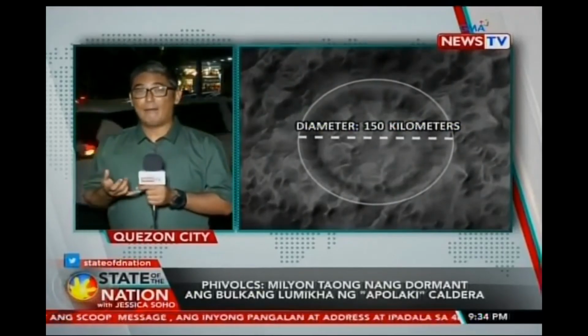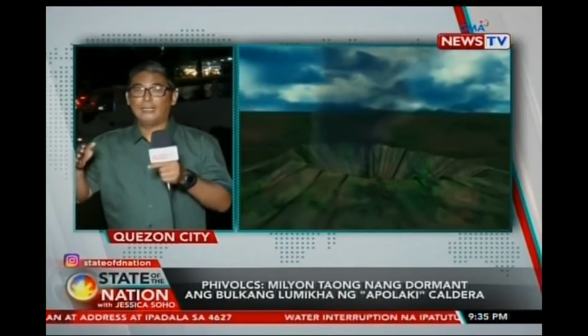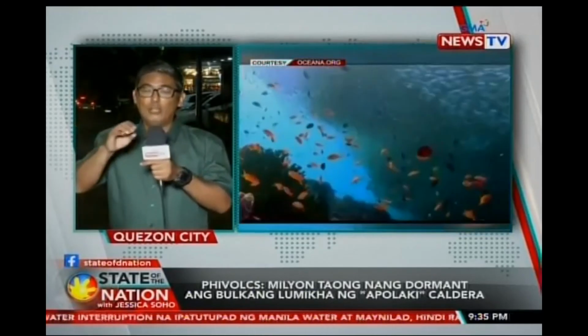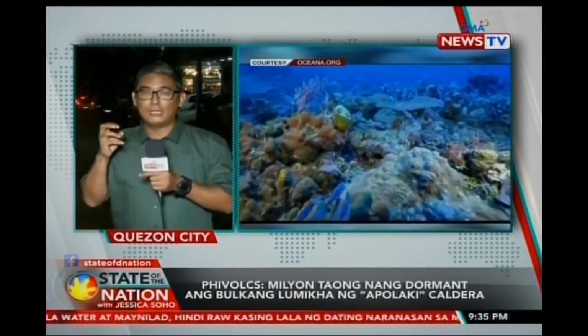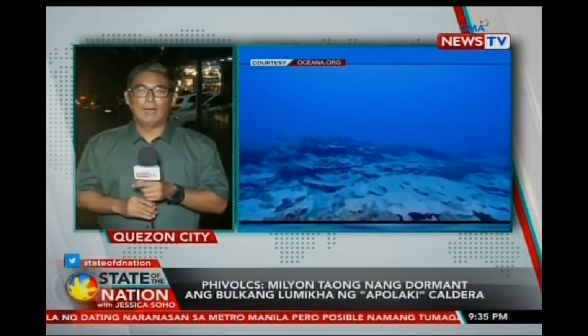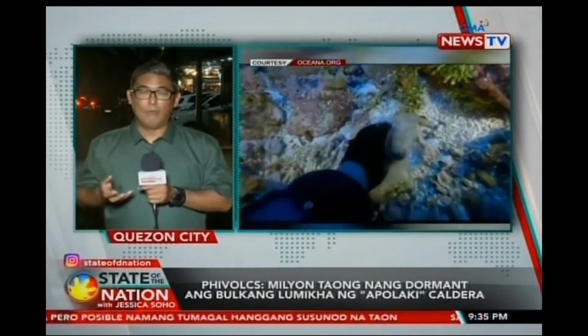Kung meron mang benefit itong kaldera na ito, yung mga ridges o yung nilikha nitong mga peaks na iniwan nung siya'y sumabog, yun yung mga mababaw na lugar ngayon na matatagpuan sa Benham Rise kung saan yung concentration ng isda ay napakarami at nandun ang halos lahat ng mga lamang dagat na hinahanap ng iba't ibang mga bansa sa ngayon gaya ng bluefin tuna.